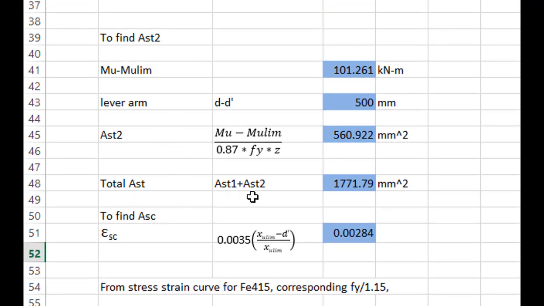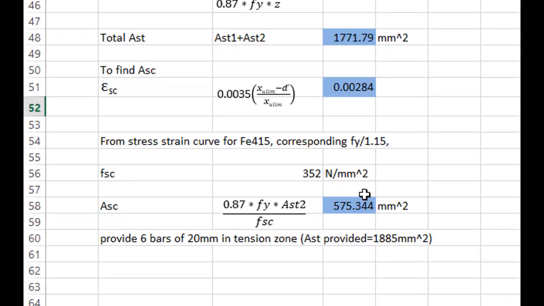AST required is 1771.79 mm square, and the AST provided will be 1885 mm square. So similarly, we can provide two bars of 20 mm in compression zone.